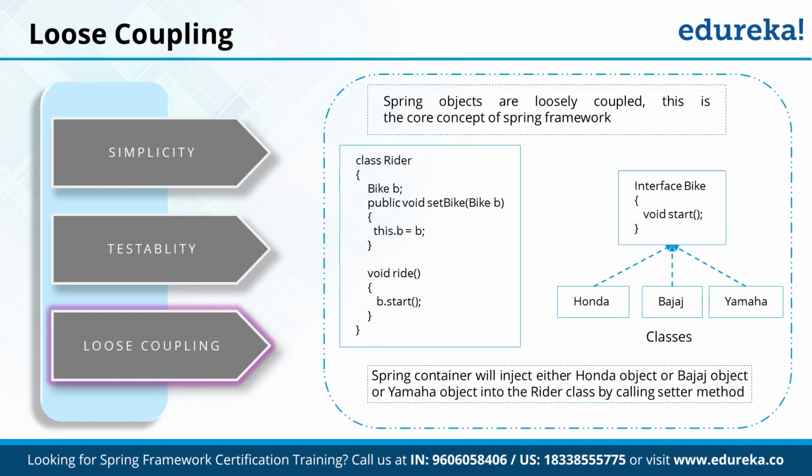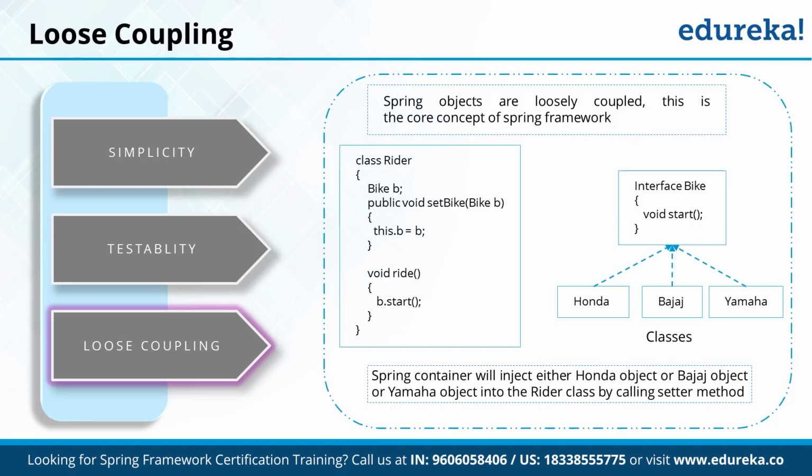We have various classes like Honda, Bajaj or Yamaha which can implement the interface Bike, and they will have a method like start. At any time at runtime we can set the bike to be either Honda or Bajaj or Yamaha. So the runtime polymorphism concept is implemented in a very beautiful way, and it ultimately takes us to something known as a loosely coupled environment.